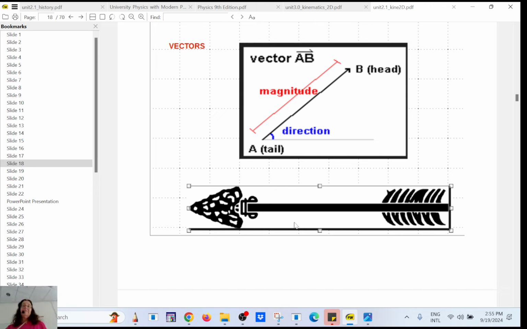Okay. So let's talk about vector. So remember, a vector has a tail and it has a head. So it has a magnitude, how much, a unit, and a direction. So usually, if you don't have issues, you should be able to do this, right?